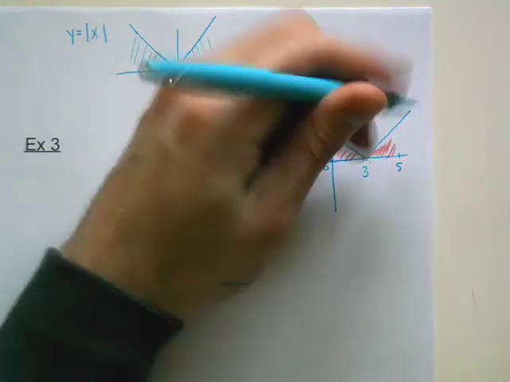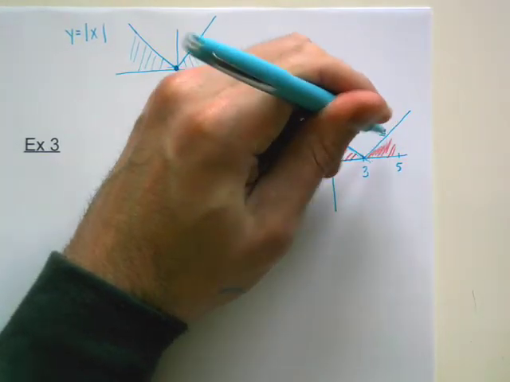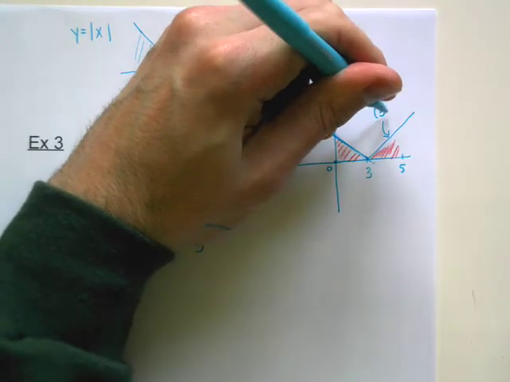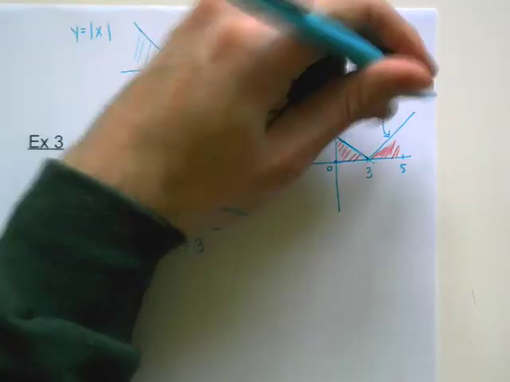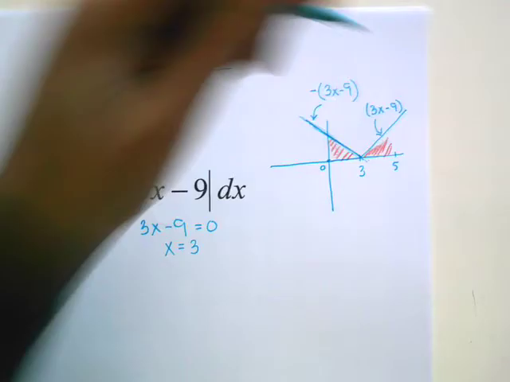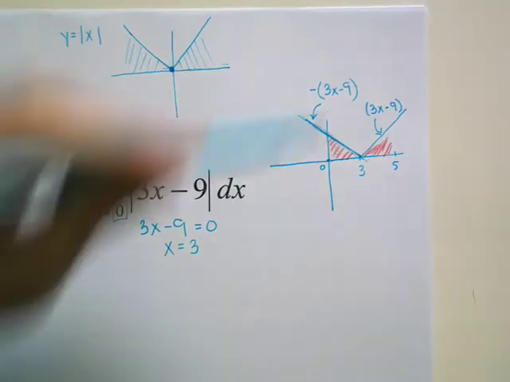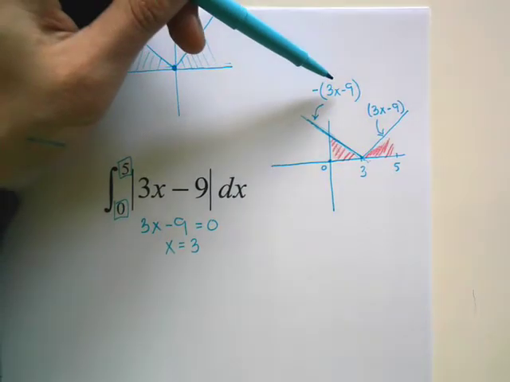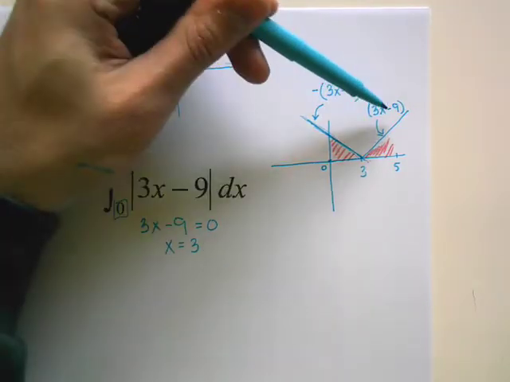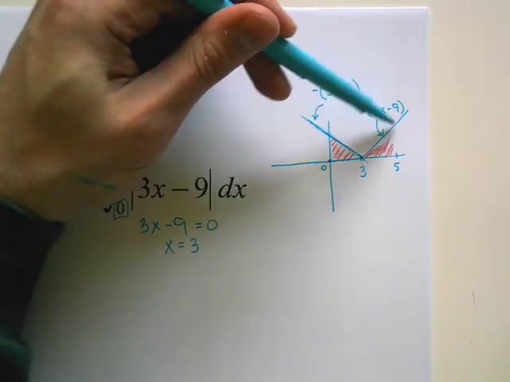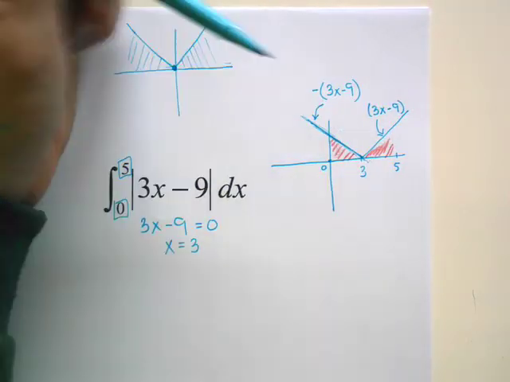At the point where your slope is positive, that function is going to stay as it is, 3x minus 9. So in absolute value, you're separating into the negative scenario and the positive scenario. Negative means you're sloping down, positive means you're sloping up, and you're touching down at 3.